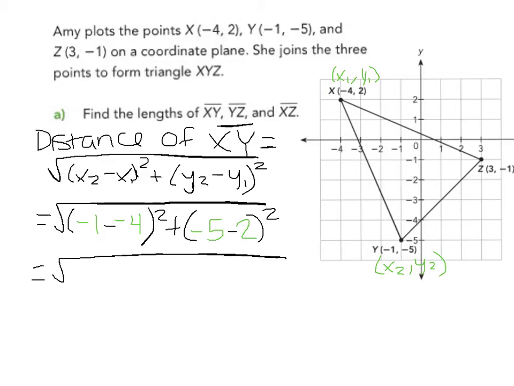I now need to simplify my expression. So looking inside the parentheses, I have -1 minus -4, which is going to give me 3 squared. And then if I have -5 minus 2, I will have -7.